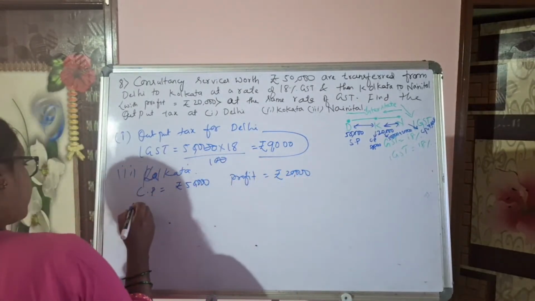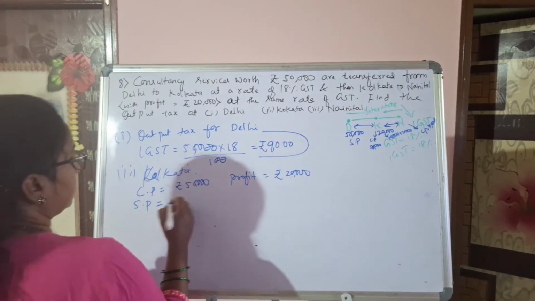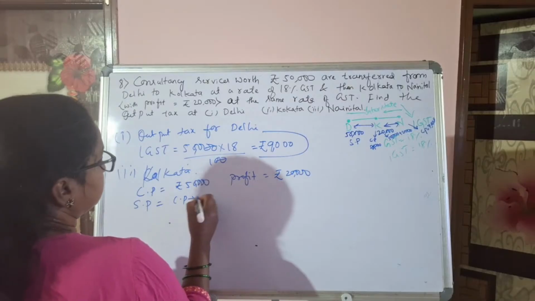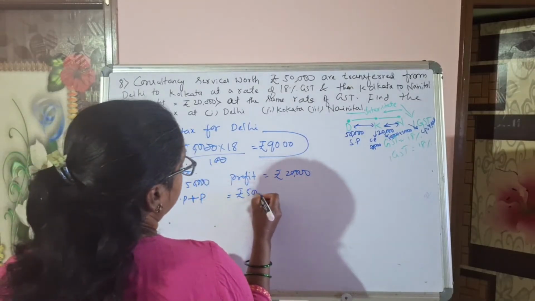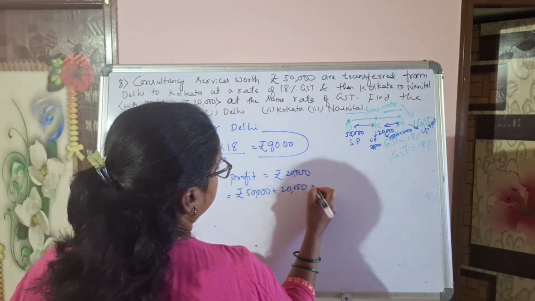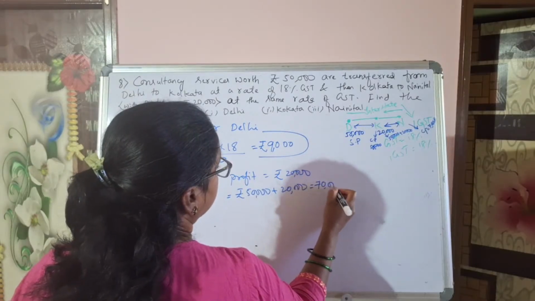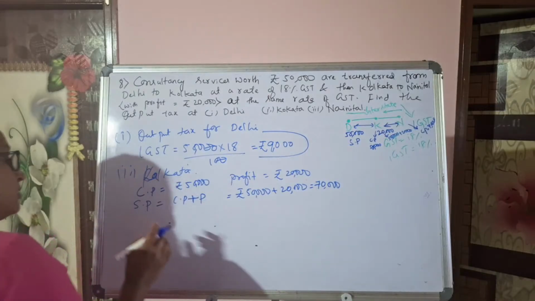That means selling price is equal to cost price plus profit, which is equal to rupees 50,000 plus rupees 20,000, which is equal to 70,000.